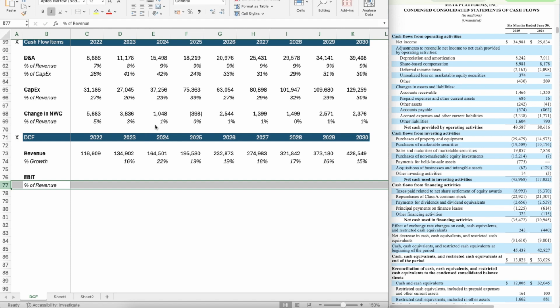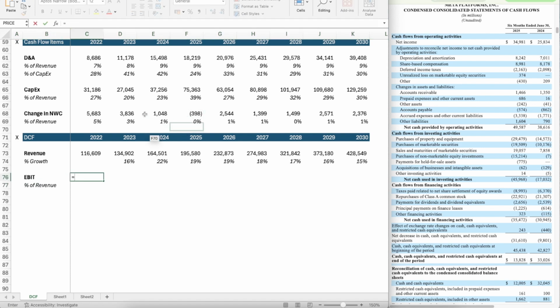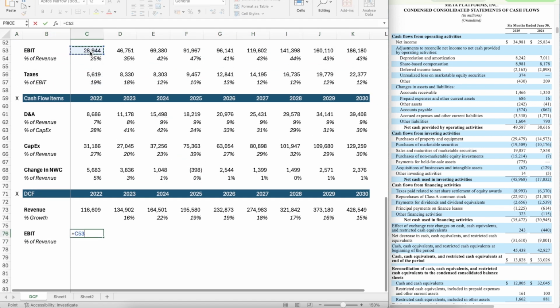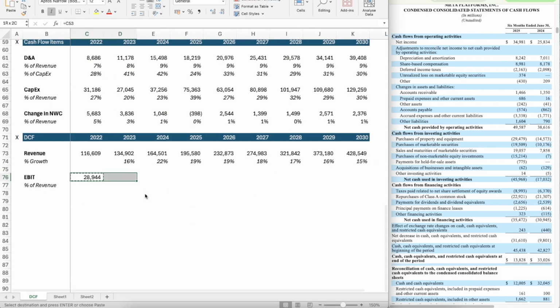So equals the EBIT up until what we've recorded, 2025.